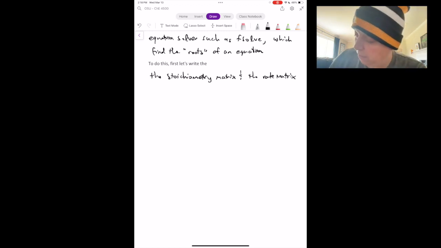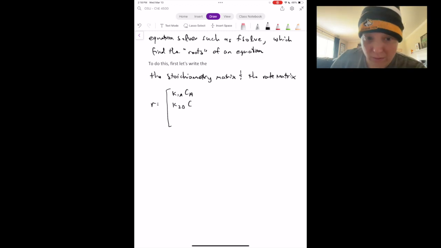I'm going to write the rate matrix first, because that's going to remind me what the rate of each reaction is written in terms of. And this is reminding me that reaction 1 is written in terms of species A, reaction 2 is written in terms of species D, and reaction 3 is written in terms of species E.